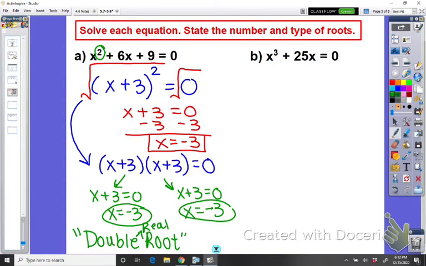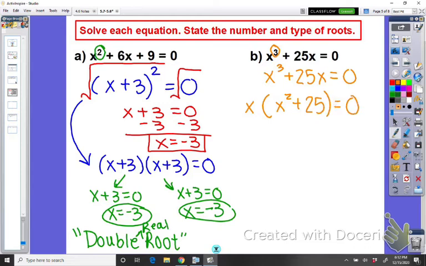All right, letter B. It is a degree 3, so that should tell you I should get 3 zeros in the end. So if we look at x cubed plus 25x equals 0, look for a GCF first. So they both have an x. If you factor out the x, you get x squared plus 25.